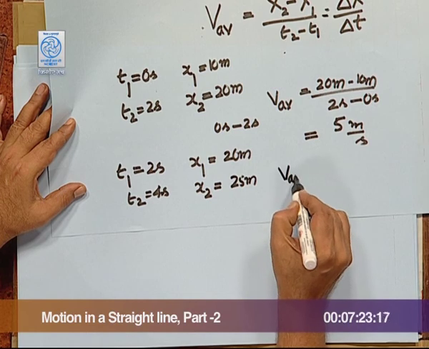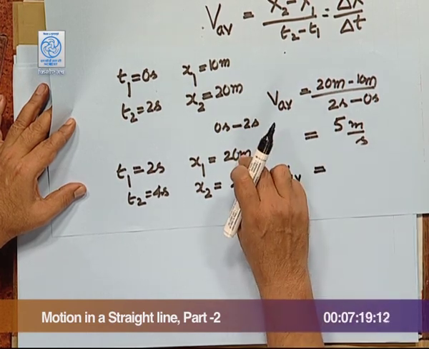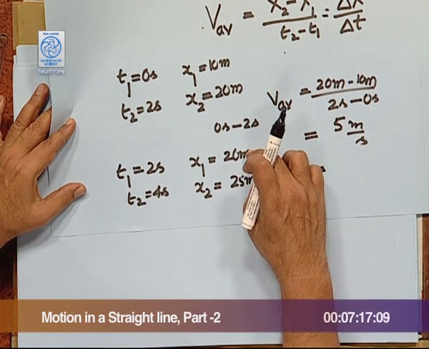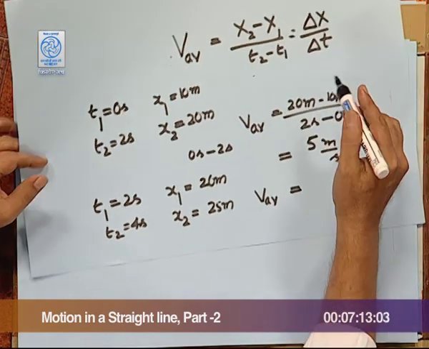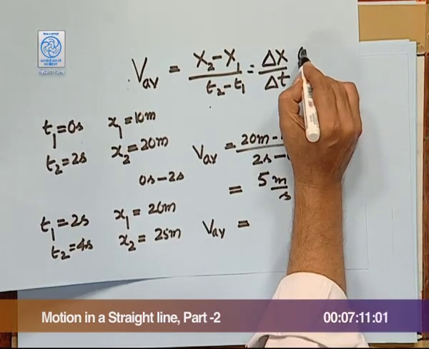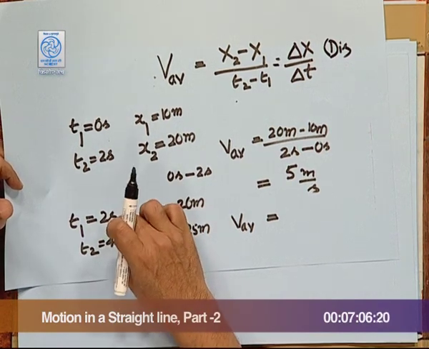In this interval, V average turns out to be, if you substitute the values, 25 minus 20 is the change in the position coordinate, which we call the displacement. This delta x is called the displacement, and this is the displacement in the interval 2 seconds to 4 seconds.